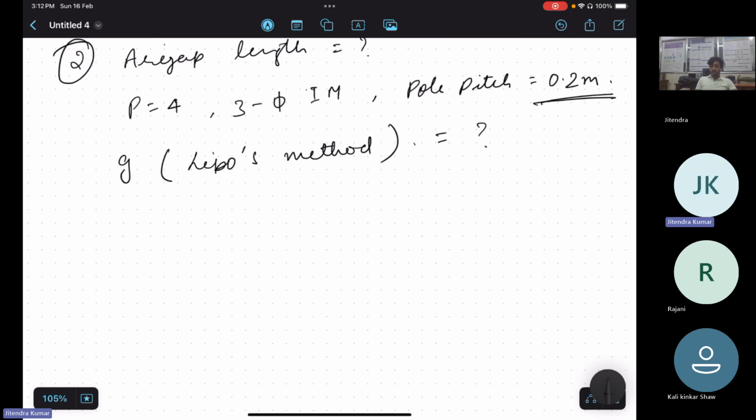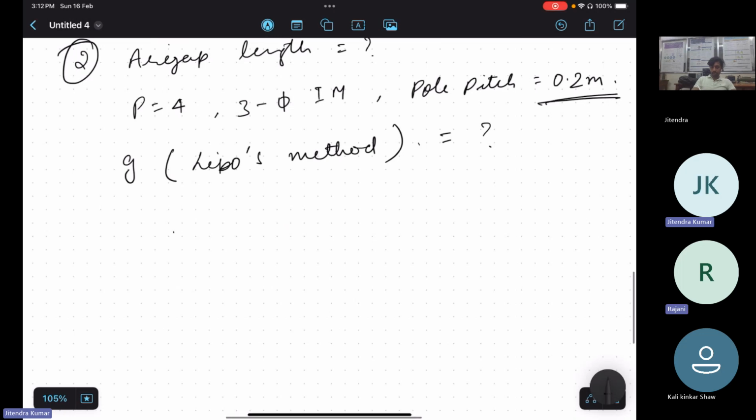What is the expression of air gap for Lipo's method?